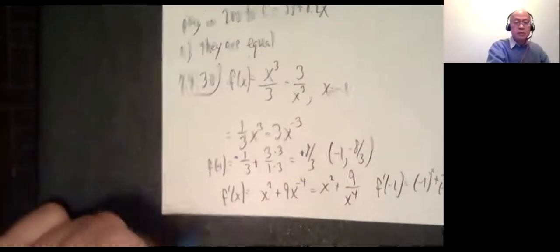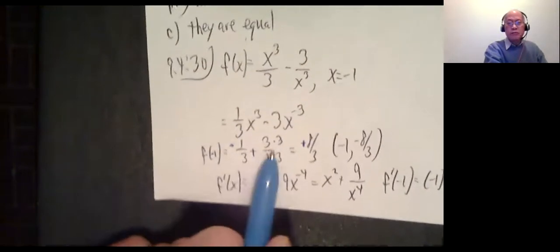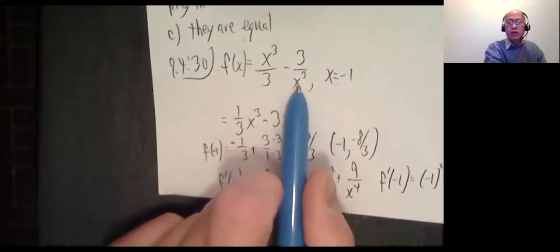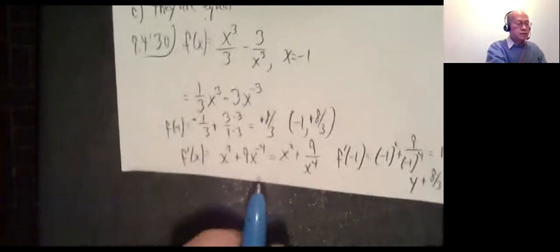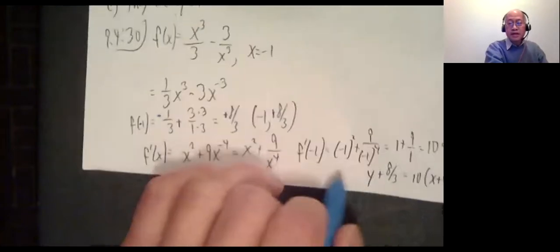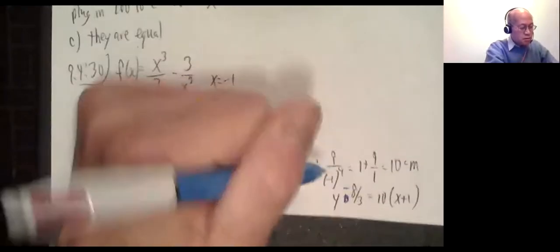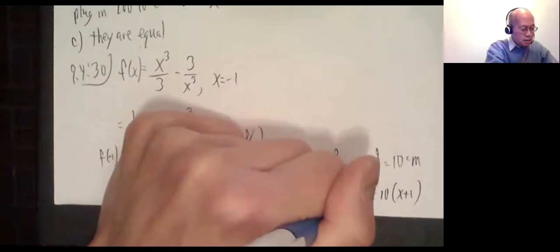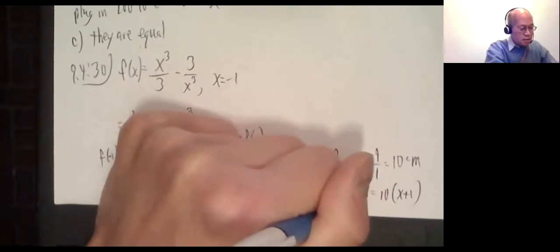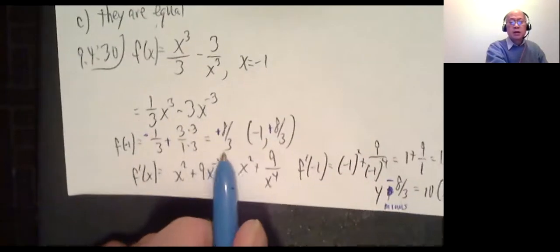And negative, that should be a positive, so it's positive 8/3. Plug in -1. -1 cubed is -1, so it's -1/3. And -1 cubed is -1, but there's a negative there, so it's positive. So it's -1 comma positive 8/3. Sorry. That's going to make this messed up, so this should be a minus. So I found the point.